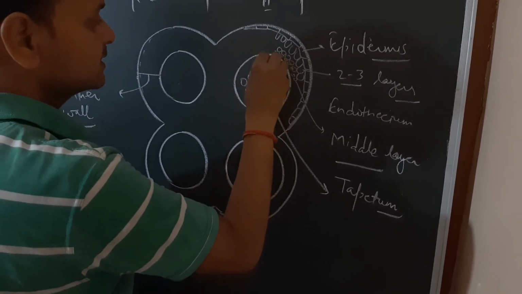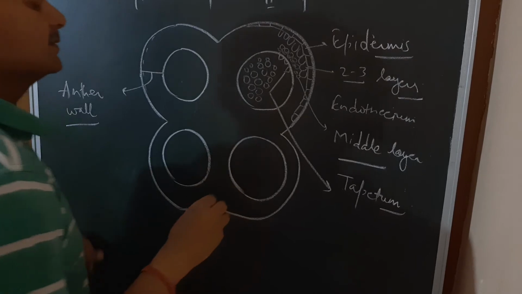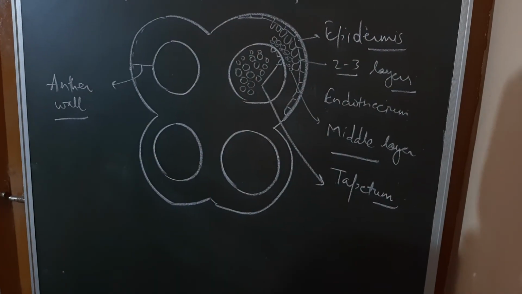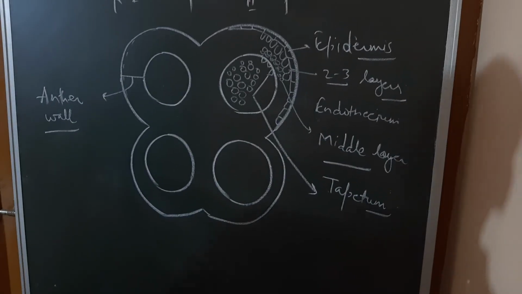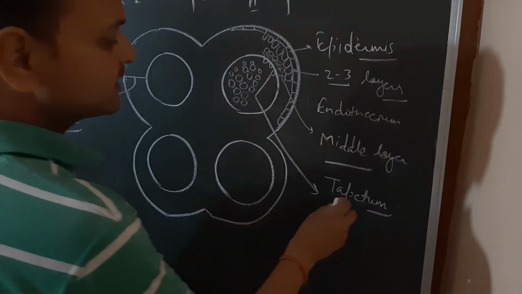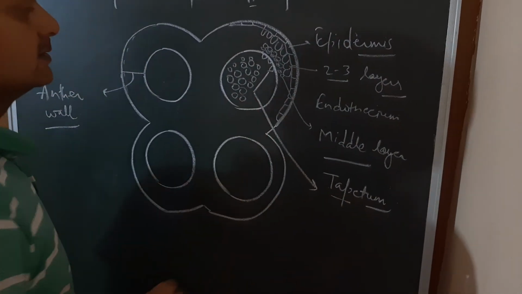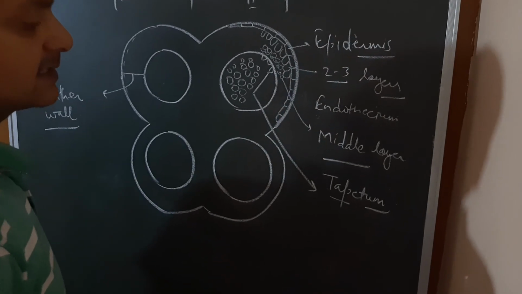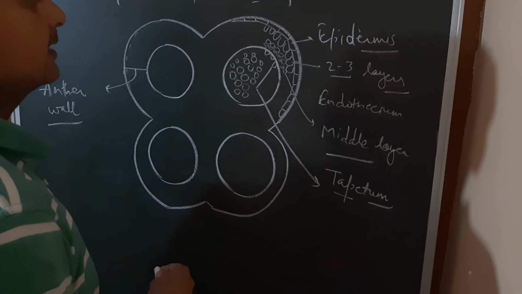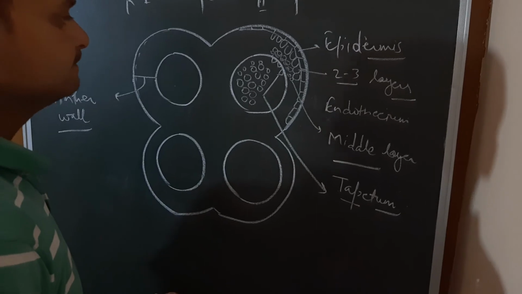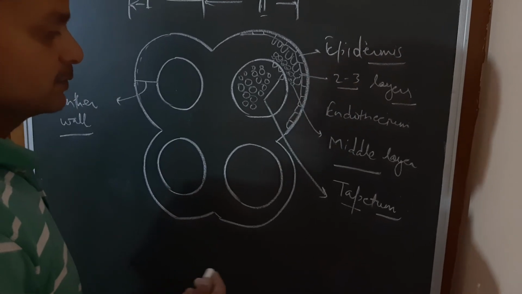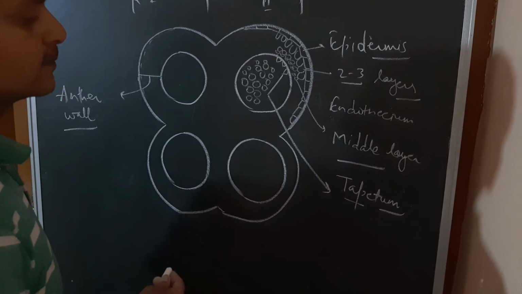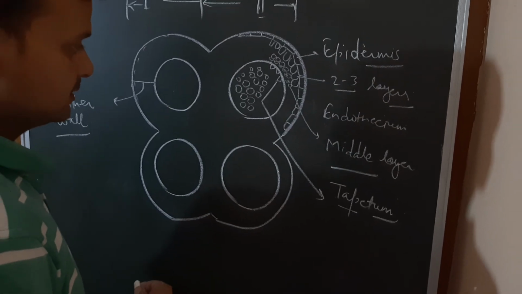There are archesporial cells which later on develop into microspore mother cells at the time of microsporogenesis, that is the formation of microspores. So the tapetum provides nourishment to these cells. The tapetal cells have dense cytoplasm, and they are generally multinucleated. Along with that, they are responsible for the formation of sporopollenin in the pollen grain and pollen kit formation.